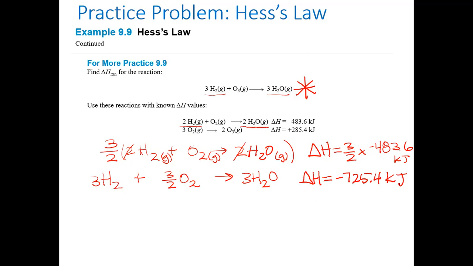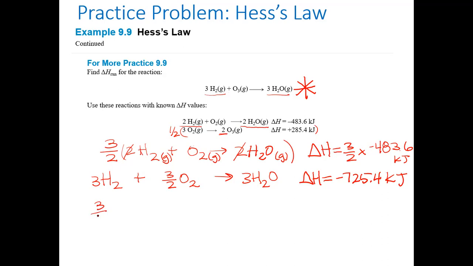Looks like in the next equation, we need to multiply it by 1/2. So let's multiply this one by 1/2. I see that because I have 2, I only want 1. So that's the only way I can get rid of that 2 is to multiply it by 1/2. So it becomes 3/2.